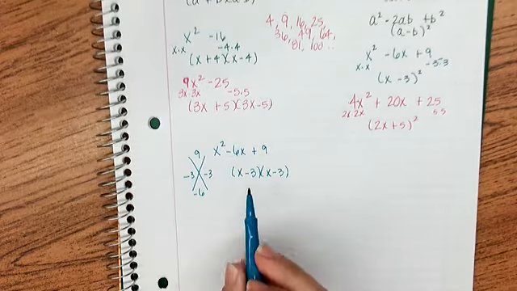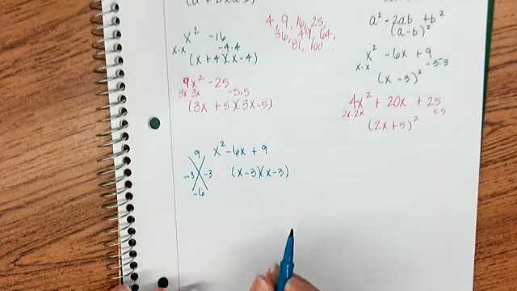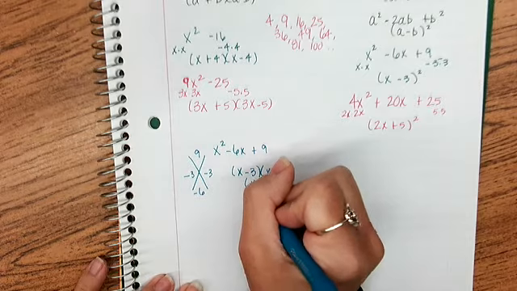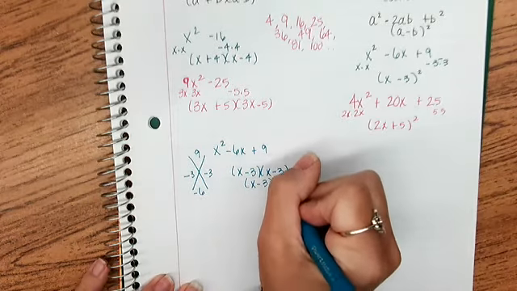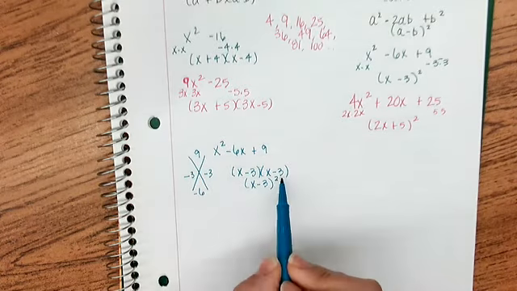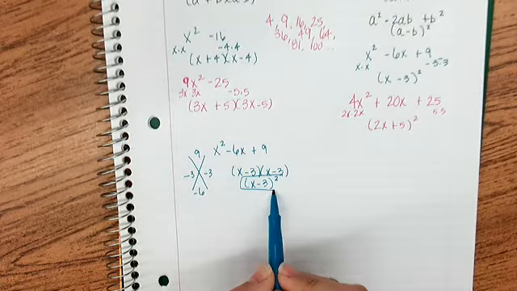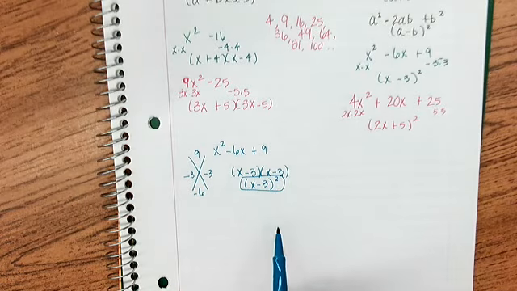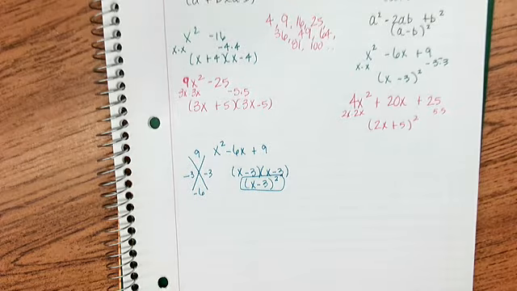And if you leave your answer as x minus 3 times x minus 3, I will not give you full credit. The proper way to write this is x minus 3 squared. I will say that again. If you leave your answer as x minus 3 times x minus 3, you will not get full credit. The proper simplified answer is x minus 3 squared.